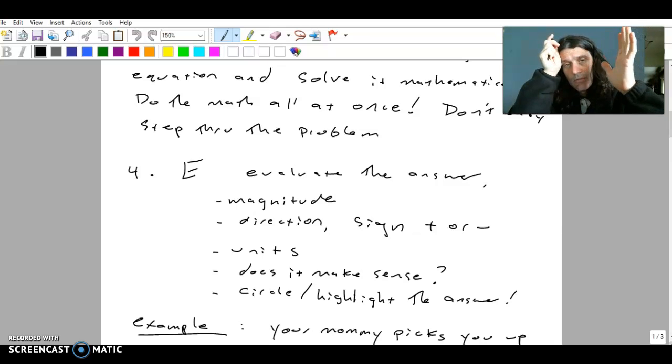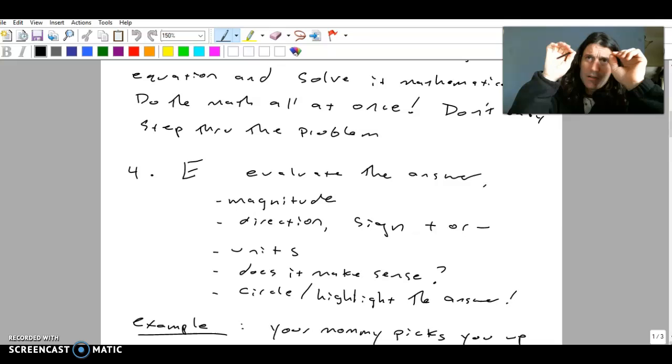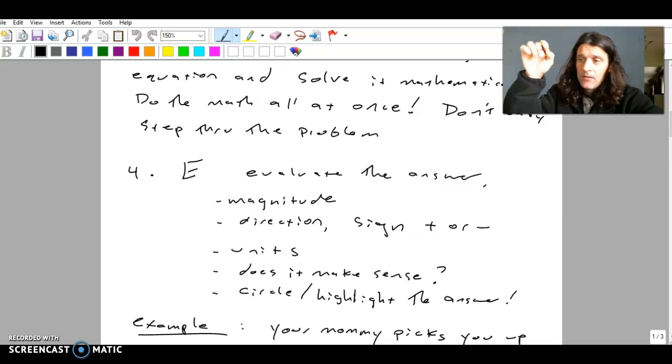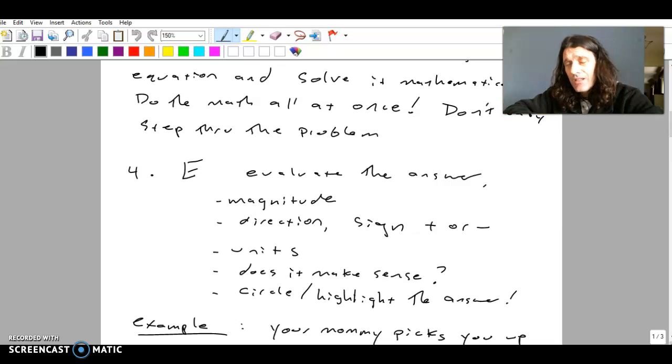That's a magnitude, but you're going to need units to give that number some meaning, okay? And does it make sense? Like I said, is that ish, right? Circle, highlight the answer, all right? Meaning make it easily identifiable for me to say, oh, this is that student's answer. That's what that means.